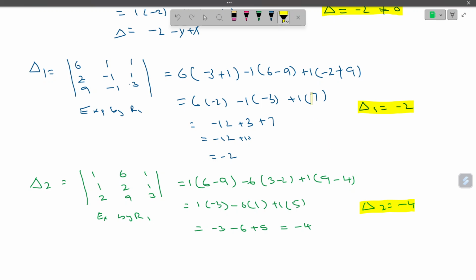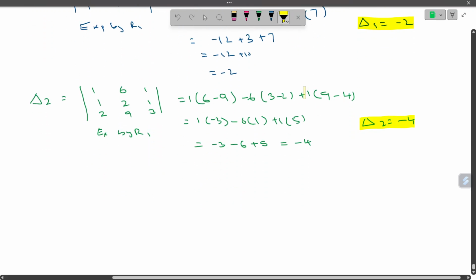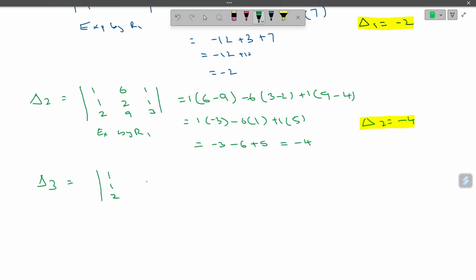Now we have to go for del 3. What is del 3? X1 as it is, 1, 1, 2. Y column as it is. In the place of Z, you have to write 2, 6, 9. Same, expanding by R1. 1, this row, this column is left.